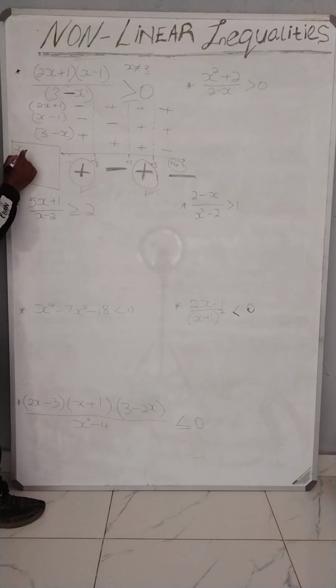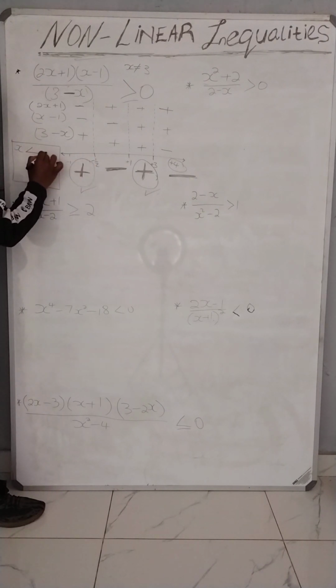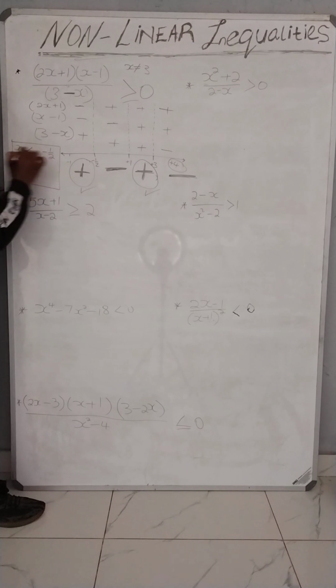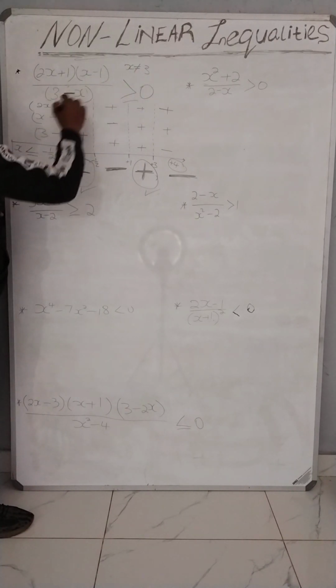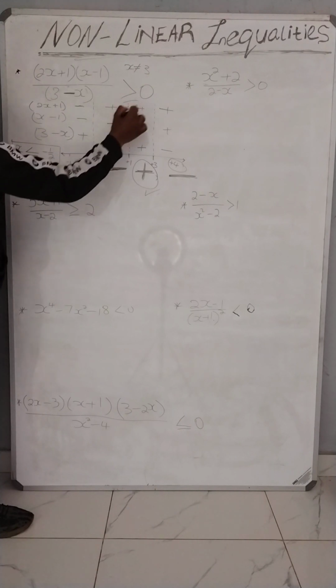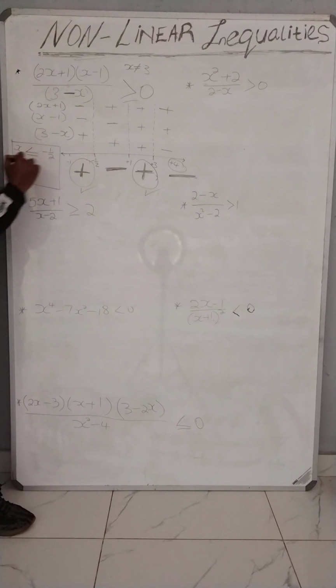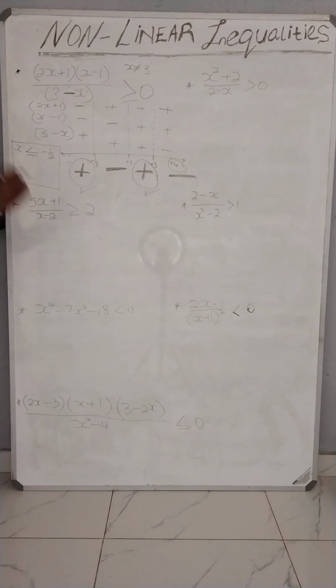So our x is less than negative half, but it can still be equal to negative half, no problem, because then it becomes 0.